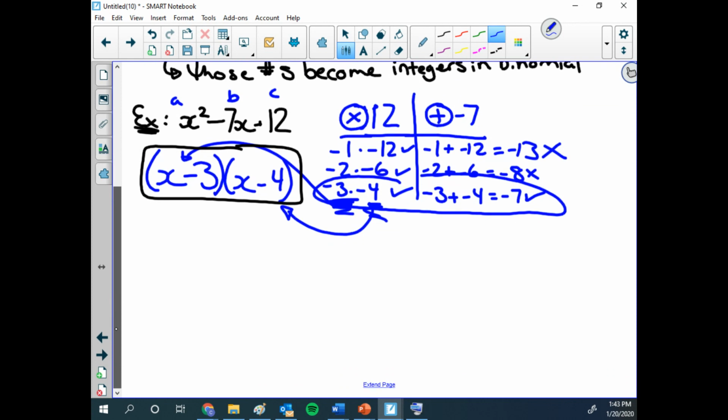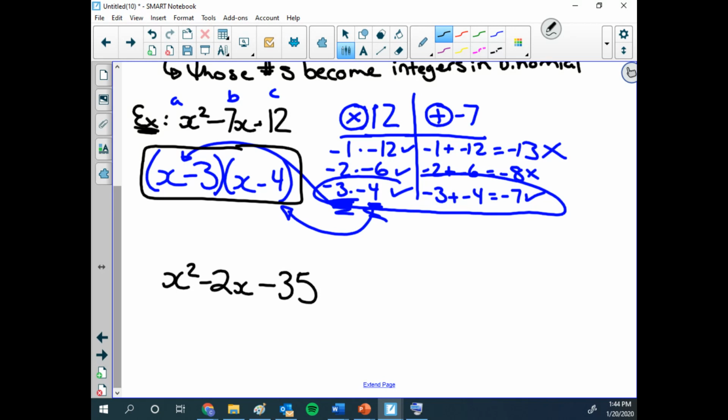Okay, so let's put up another one. Take a second and see if you can solve this, even if you're not writing it down. Maybe try it in your head. So I'm looking for x squared minus 2x minus 35, and I'm saying, take that and factor it.